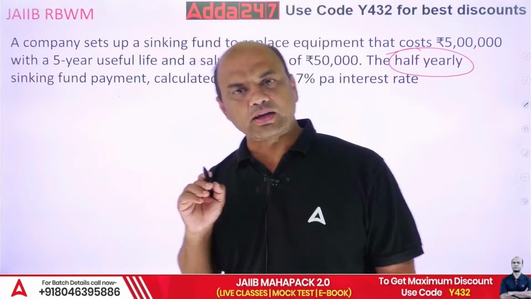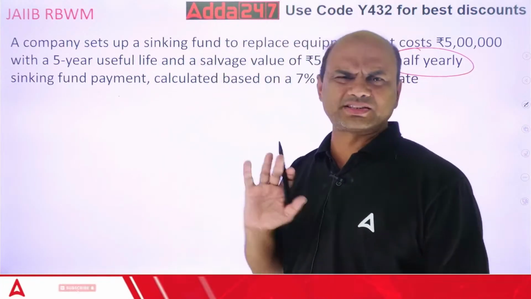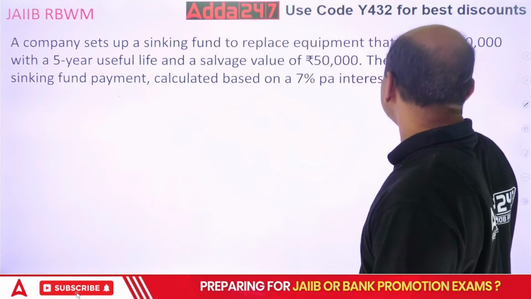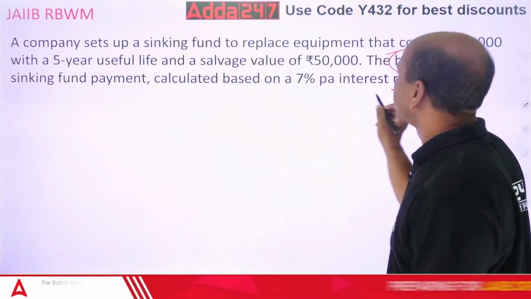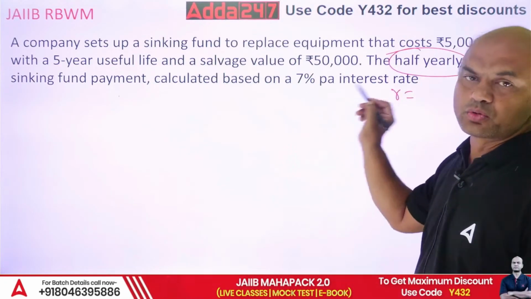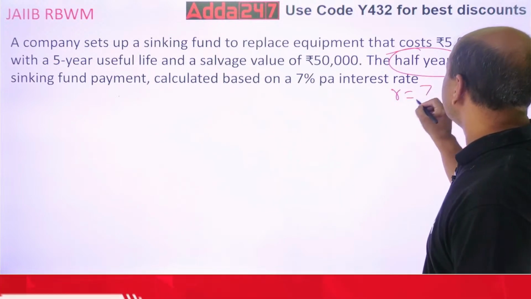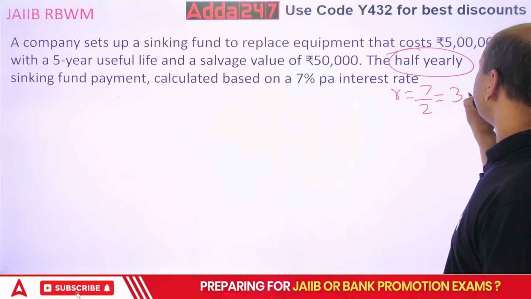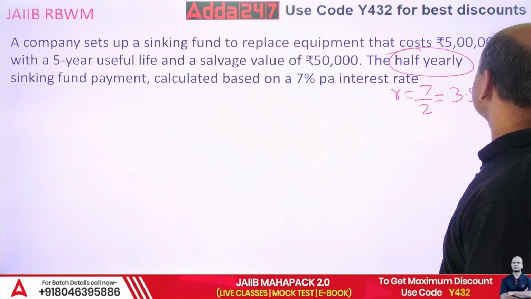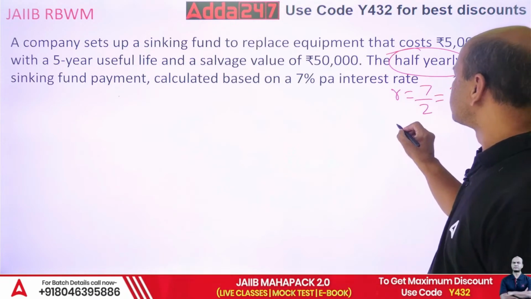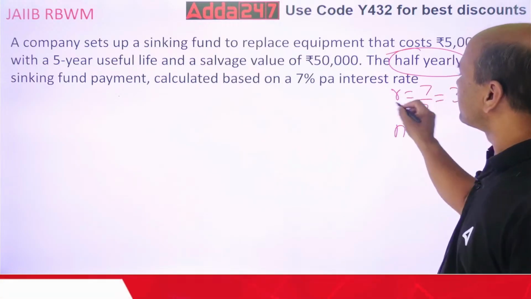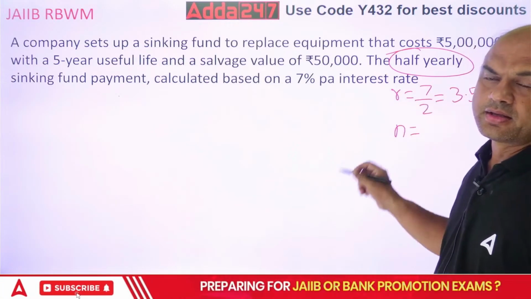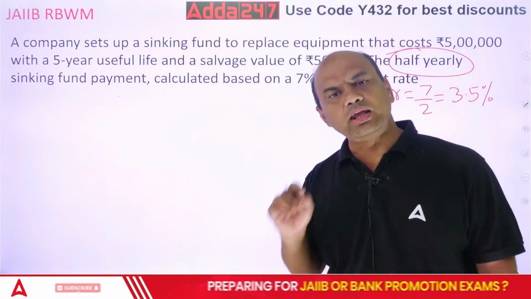Okay, half-yearly. Whenever you are doing anything half-yearly, the formula is the same. Only what you do, R equals whatever is given as R divided by 2. So 7 upon 2, half yearly, so 3.5%. N is multiplied by 2. Whatever number you divide R by, the same number you multiply N by.